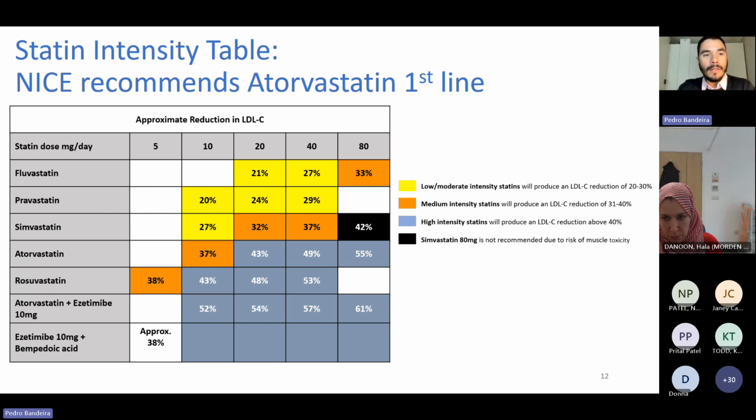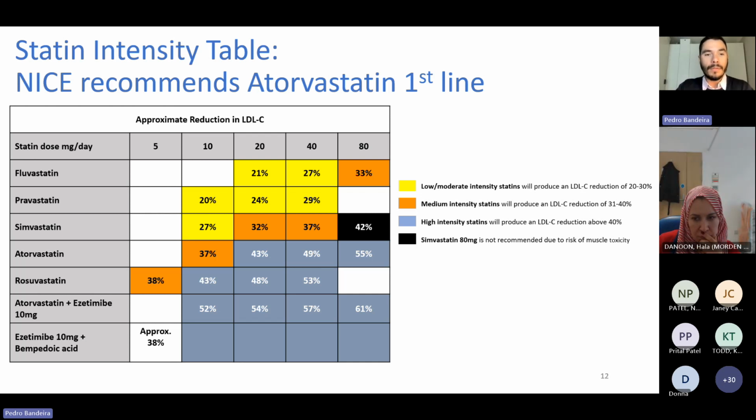All right. So this table is very useful to summarize the different types of statins available and the combination of bempedoic acid and ezetimibe and the specific LDL reduction that you can achieve with each of these therapies.